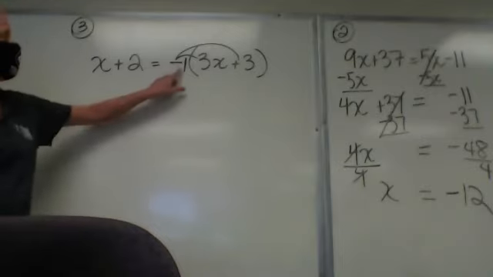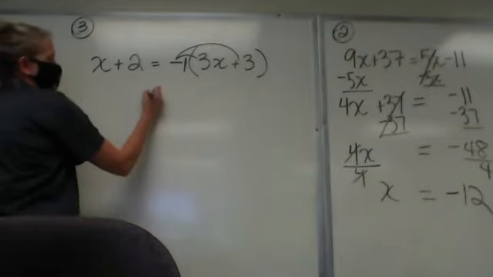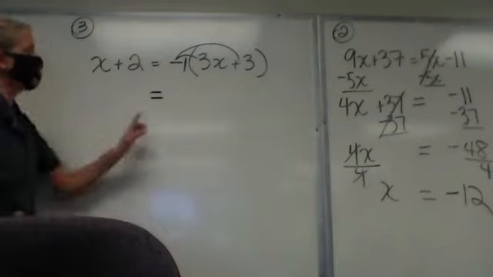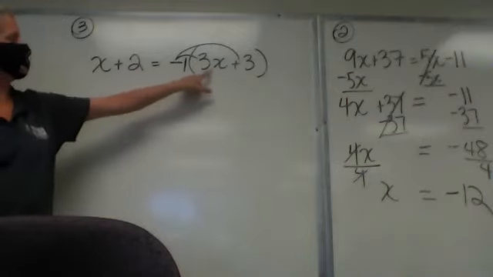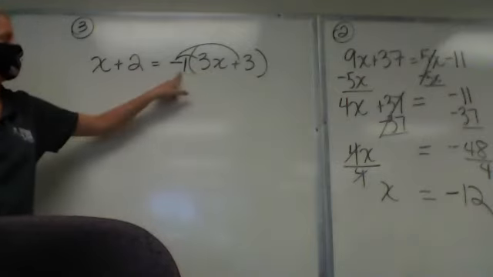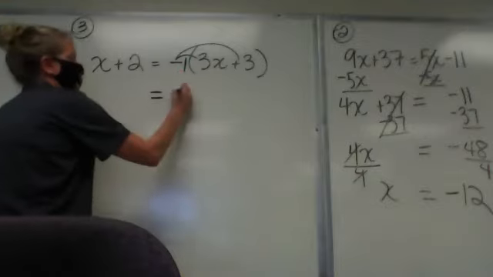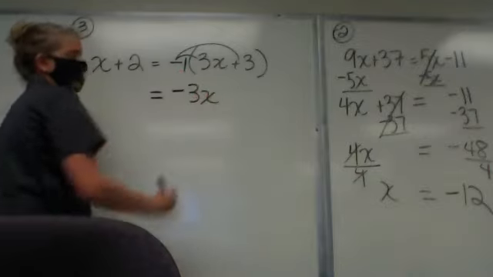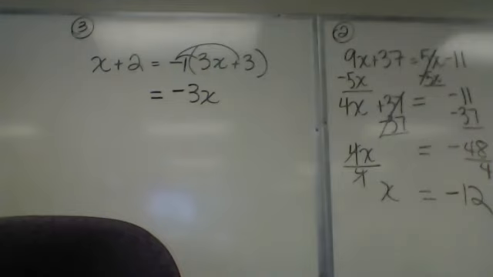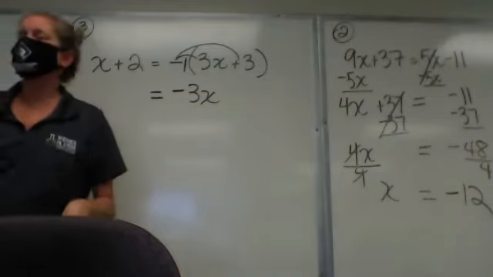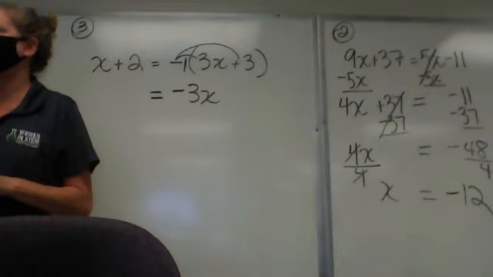So let's see. If I multiply, I got to bring down my equal sign. What happens when you multiply 3x by this negative 1? What does this negative 1 turn that into? Negative 3x. Because if you multiply something by a negative 1, the only thing that happens to that term is its sign changes.